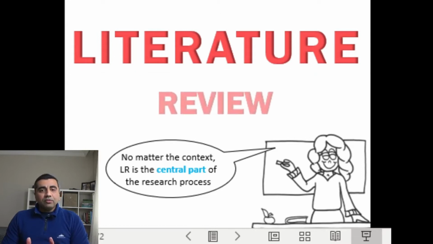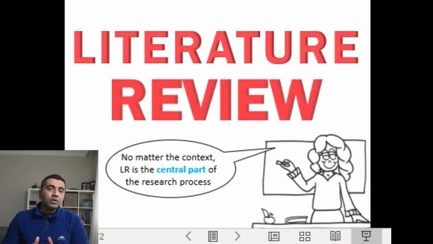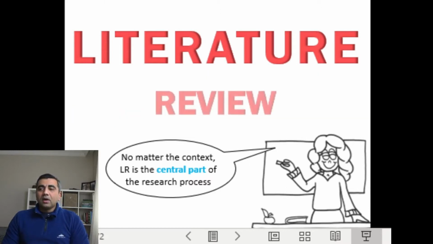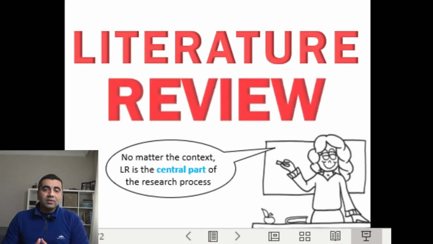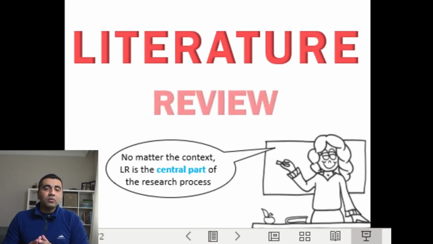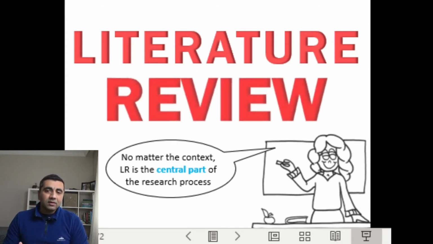A literature review is a critical evaluation of what researchers have written on your topic. I generally advise research students that a literature review is not just a simple summary of the information.